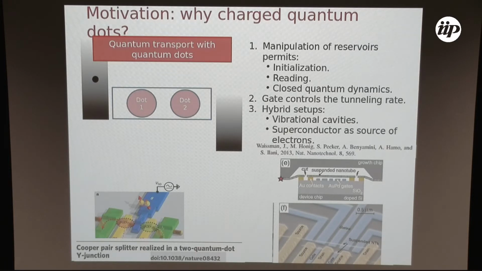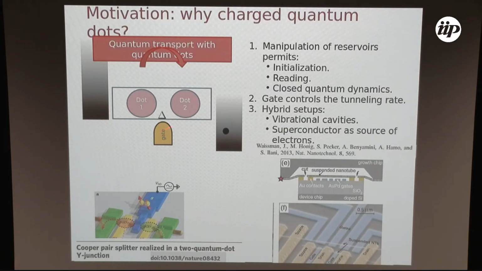And these reservoirs can provide electrons to the system or drain electrons from the system. Okay, like here, you can have a single electron jump into the quantum dot, perform some tunneling between the dots, and then leave the quantum dots.